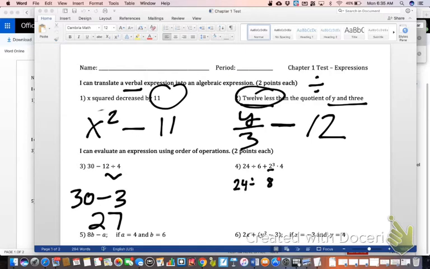I'm going to bring all my other stuff down. Now I've got division that I need to do first, because remember, when I've got multiplying and dividing, I work my way from left to right. So I'm going to do 24 divided by 6, which is 4. Then 8 times 4, which is 32. 4 plus 32 is 36.